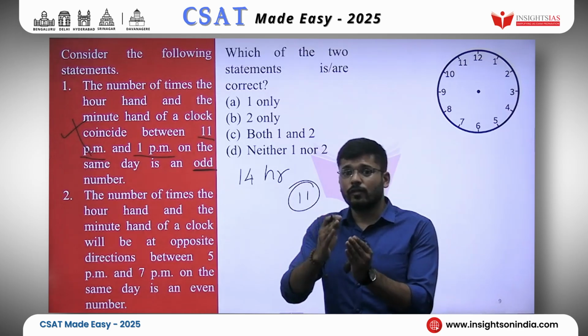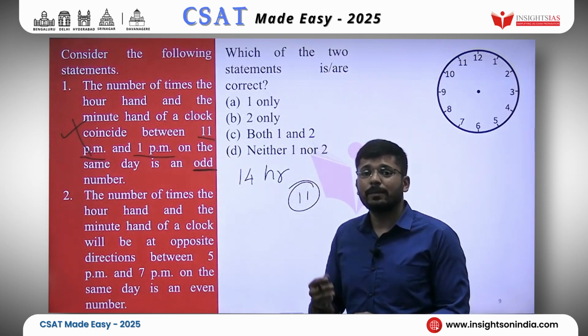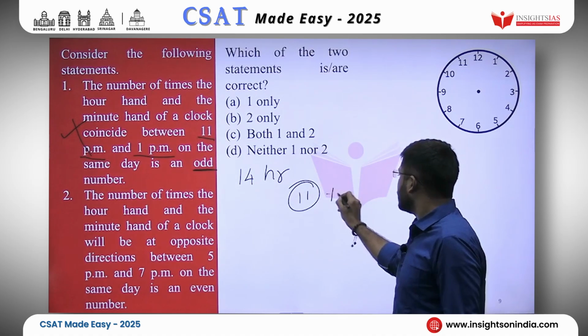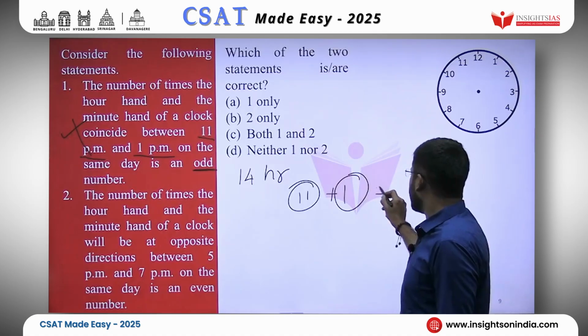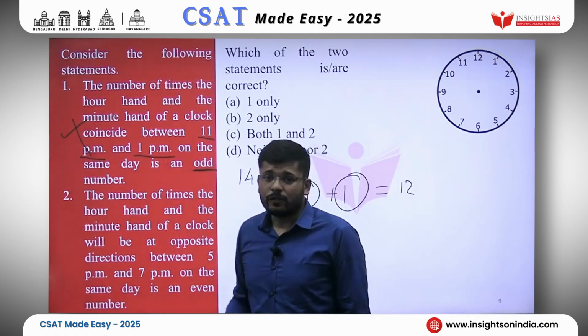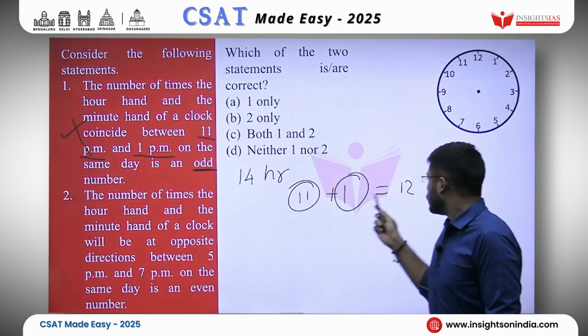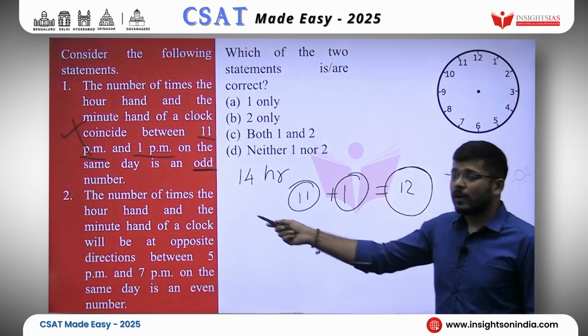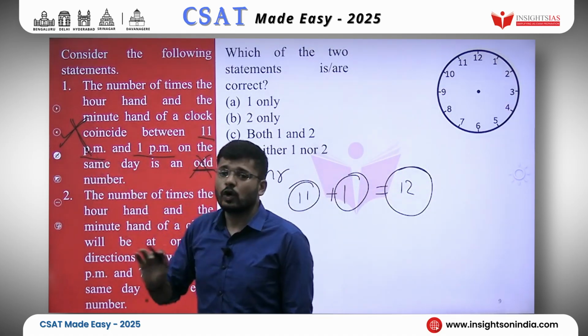And then from 11 a.m. in the morning to 1 p.m. in the afternoon, we know that between 11 and 1, coincidence happens only once. So together, between 11 in the night and 1 in the afternoon, that would be 12 times, and 12 is not an odd number. So our statement 1 is wrong.